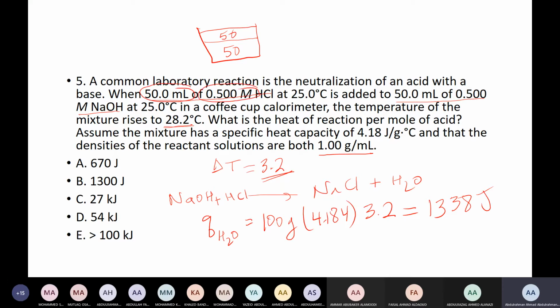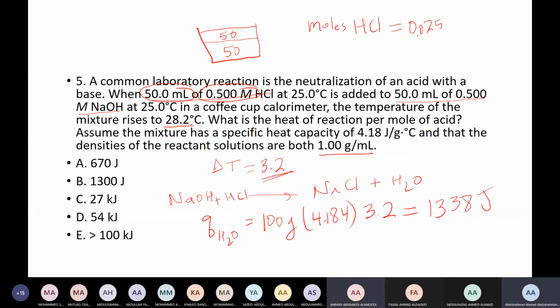Now this comes from the reaction of 50 milliliter of 0.5 molar HCl. So how many moles of HCl do we have in the reaction? 0.25? 0.025.